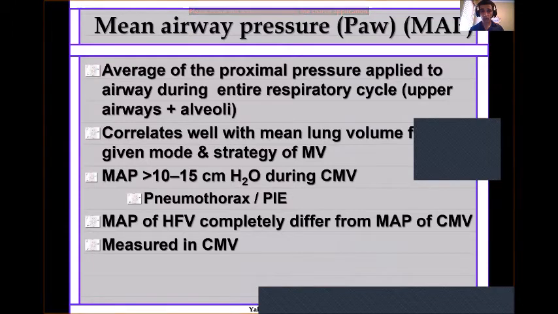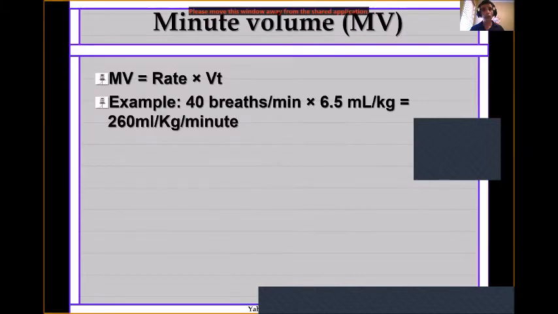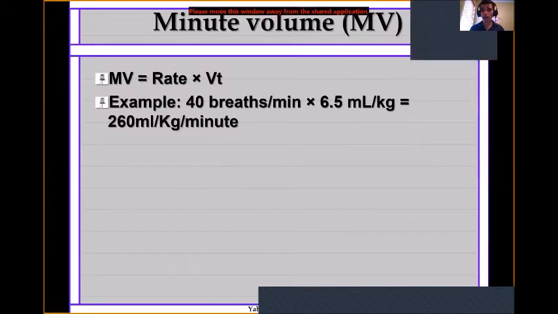So again, the mean airway pressure calculation in conventional mechanical ventilation is totally different from the mean airway pressure calculated during high frequency ventilation. The other parameter is what we call minute volume, which is the amount of volume in 1 minute. And minute volume is the rate times the tidal volume.